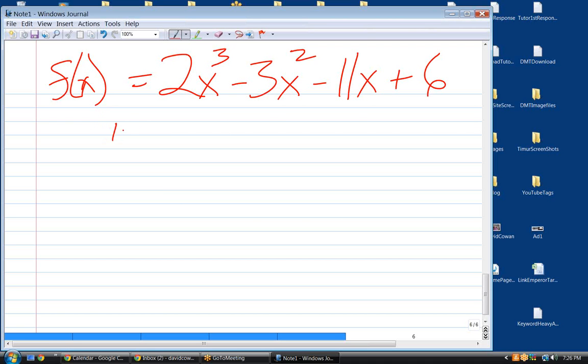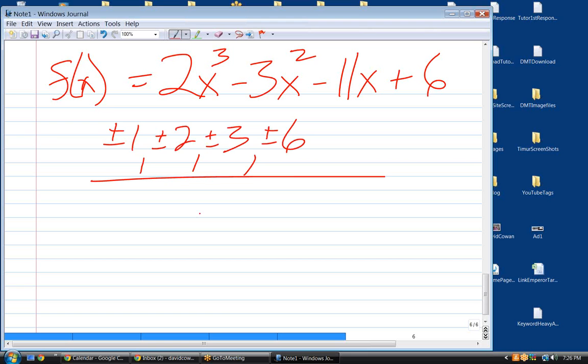Factor minus 1. Here I can do the first 4 since we've had this problem. All over plus or minus 1, plus or minus 2.